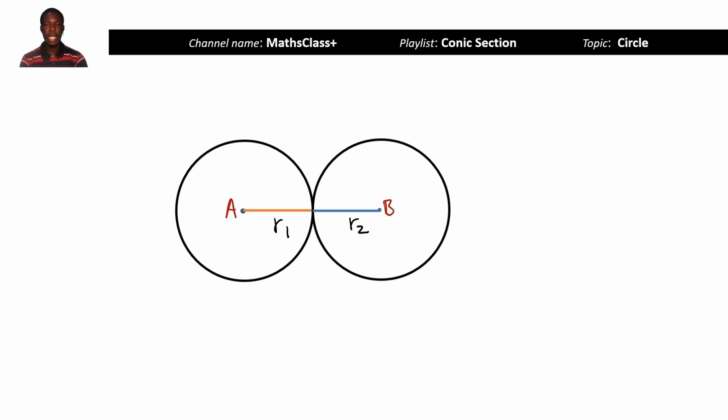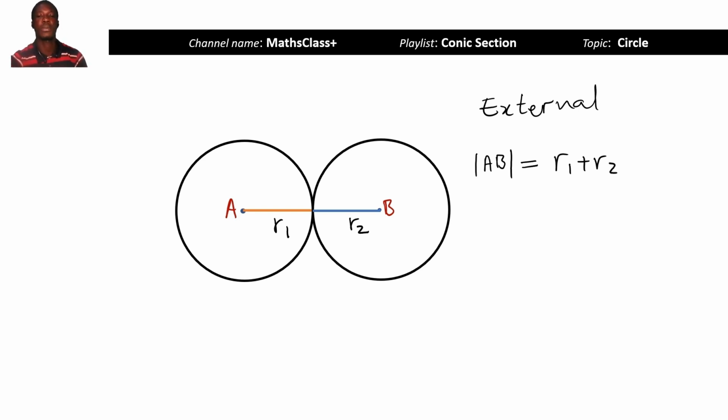They are intersecting at one point, but the intersection is external. So when we have an external intersection at one point, we will have the distance between their centers being equal to the sum of their radii.